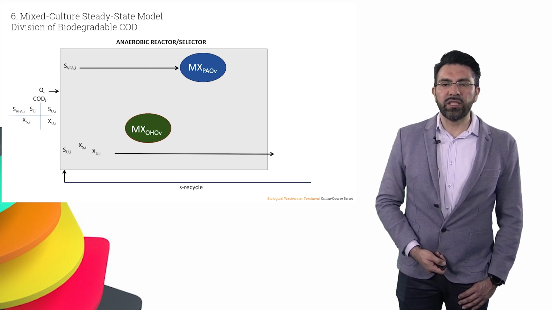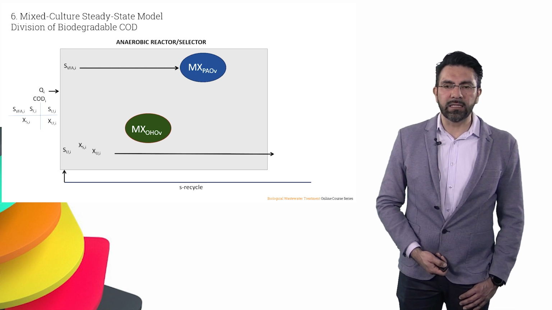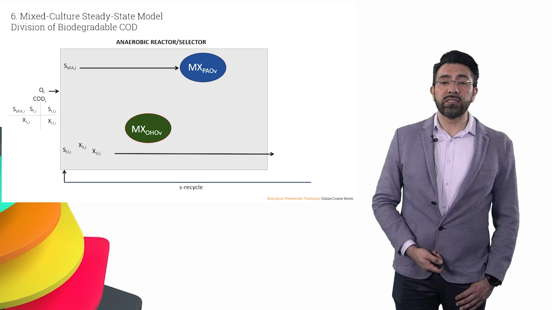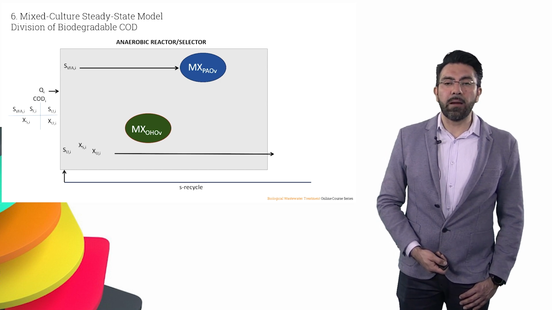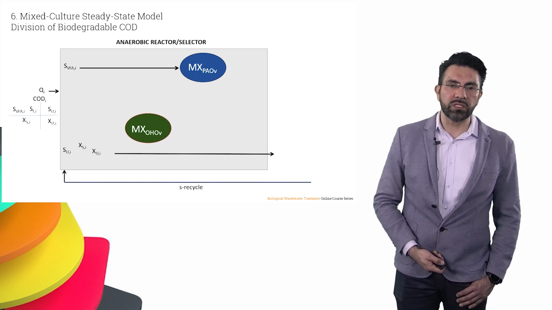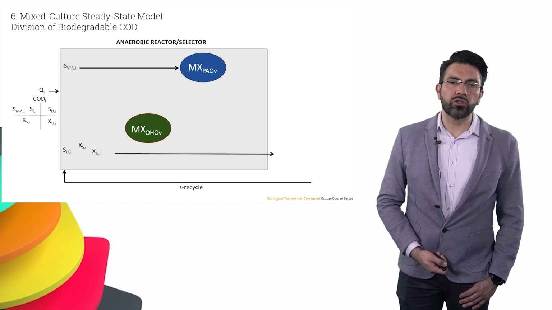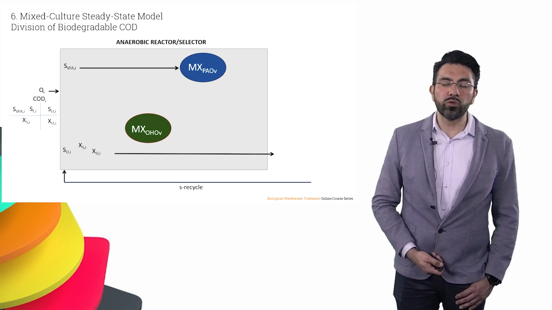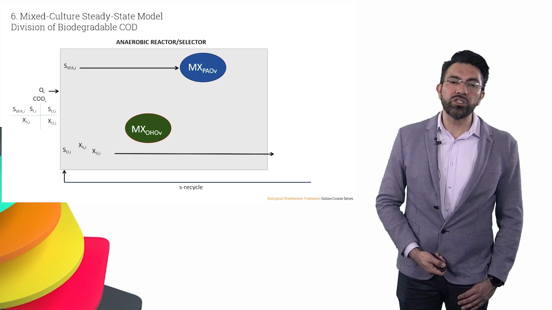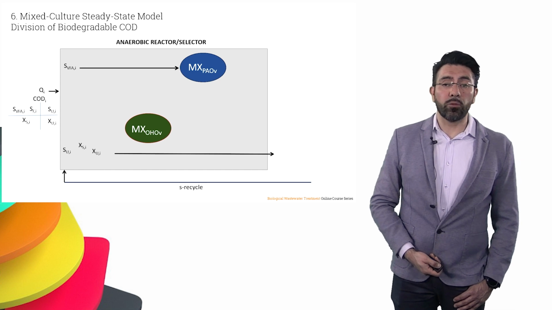For the last of these terms, the particulate biodegradable organics, the model considers that these organics are biodegradable, but because they are particulate and have to undergo a hydrolysis and fermentation process, the anaerobic selector or reactor is not large enough to promote a significant conversion of the particulate biodegradable organics when they are passing through the anaerobic reactor.